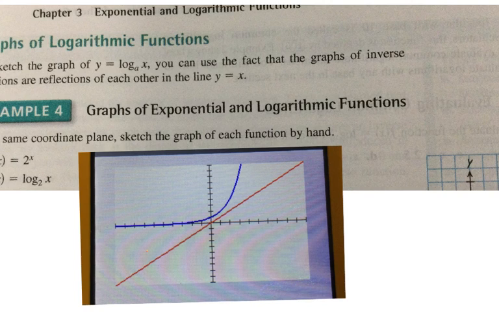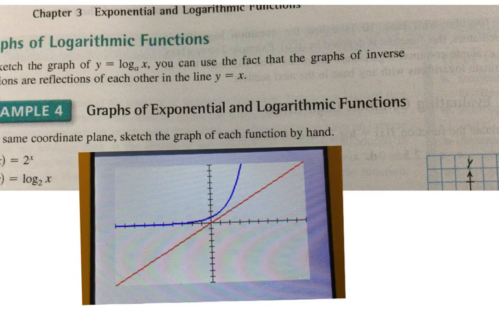Now, on graphing calculators, the only bases of logs that you can use are 10 and e. Because this is a log base 2, your graphing calculator will not compute. Cannot work.